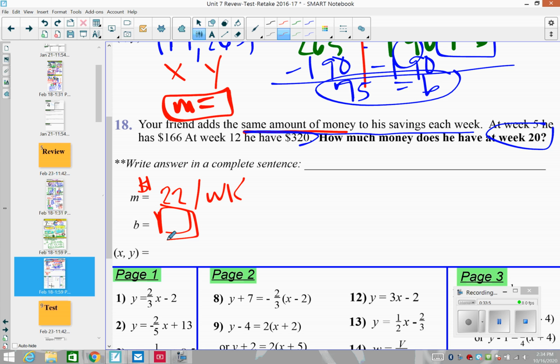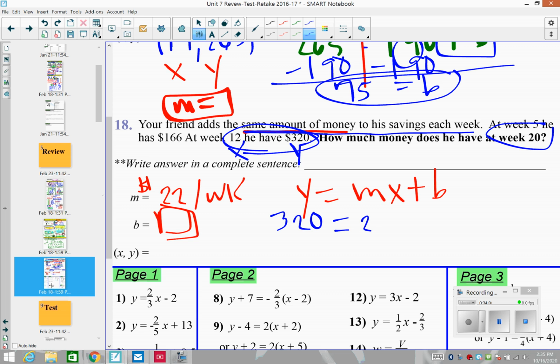So I'm going to go y equals mx plus b. I'm going to pick this data point. So this is my y and this is my x. So 320 is equal to the slope, $22, for 12 weeks. We're going to try to figure out that beginning amount.